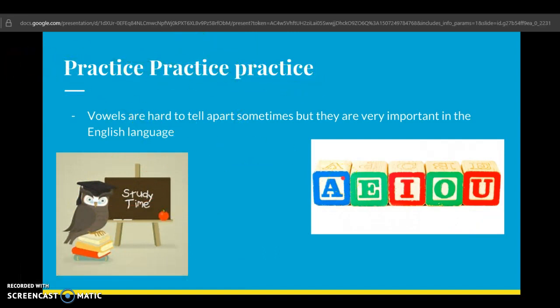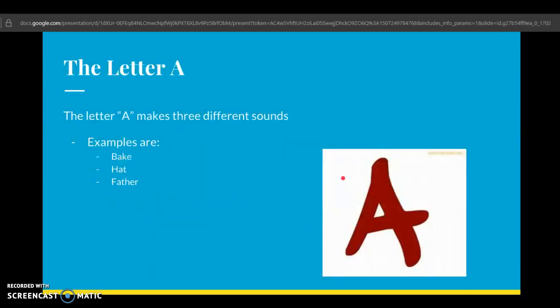So let's go back through these and re-say the different sounds that each one makes. Ready? So A makes a, at, and father.